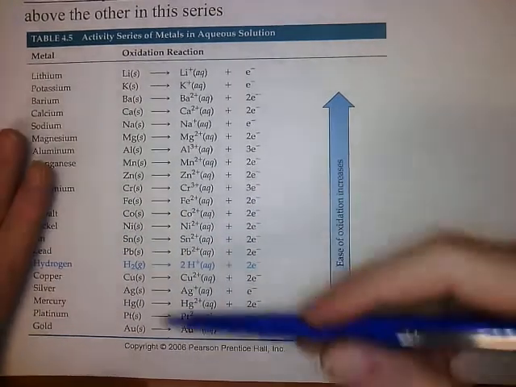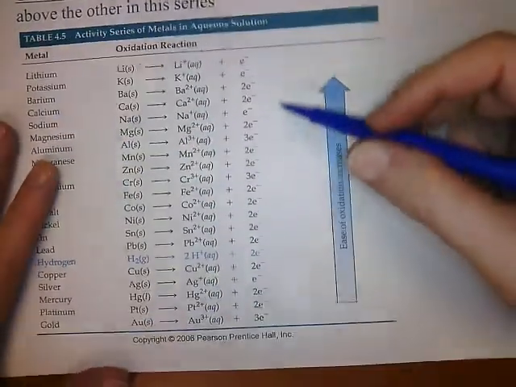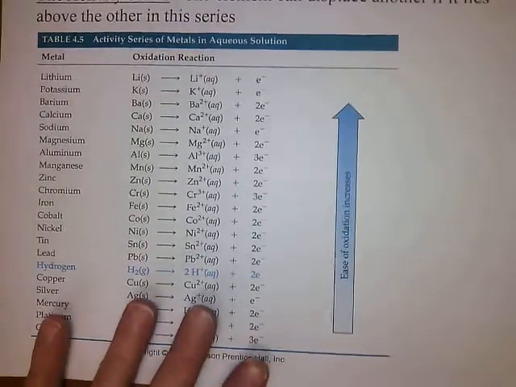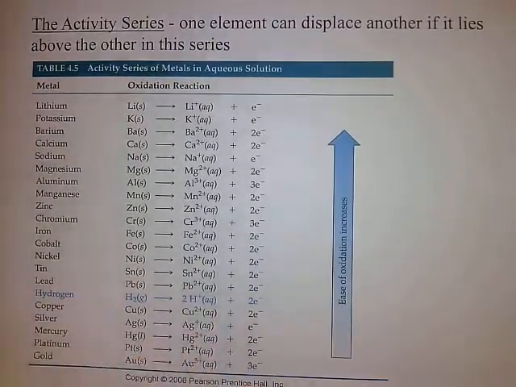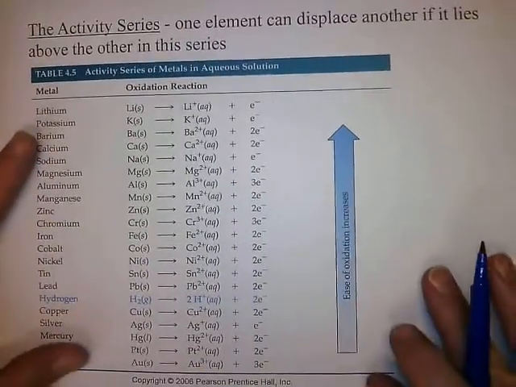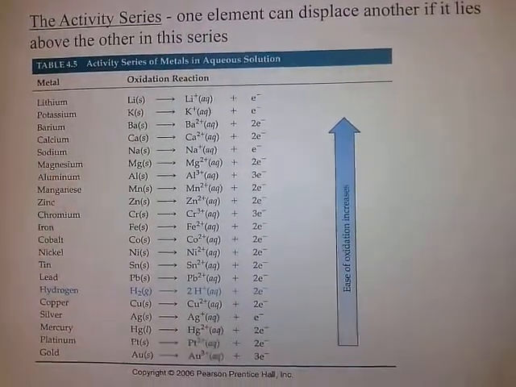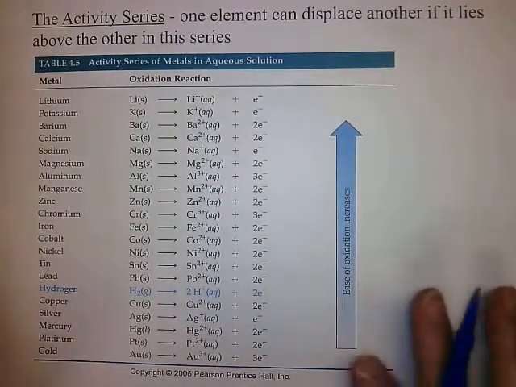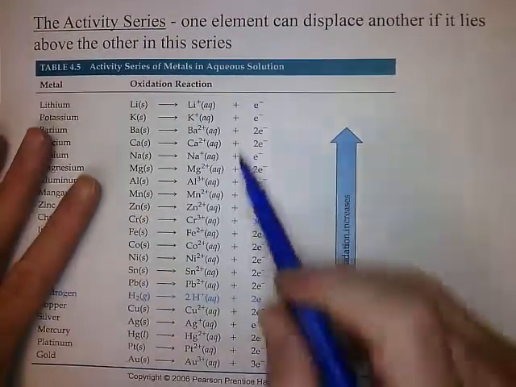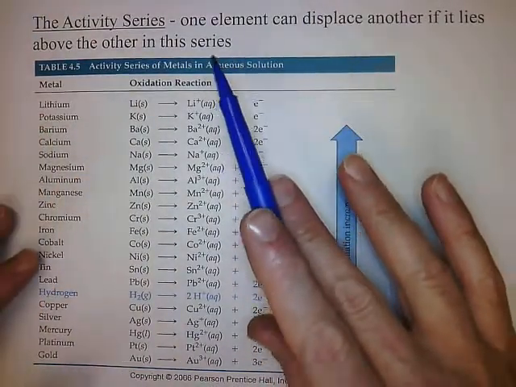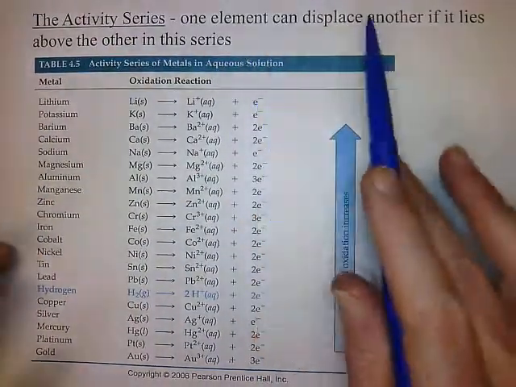Okay, so the higher up you go, the stronger the tendency to be oxidized. So a single displacement, like the reaction between the copper and the zinc, we can predict whether such a reaction will happen or not. It's very simple. One element can displace another if it lies above it in the activity series, right?